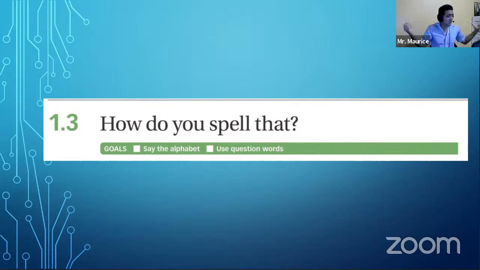In case we have no idea how to say that in English. For example, take a look. We have this object. We say, oh, this is a pencil. Pencil is very easy to understand. So we can spell that.